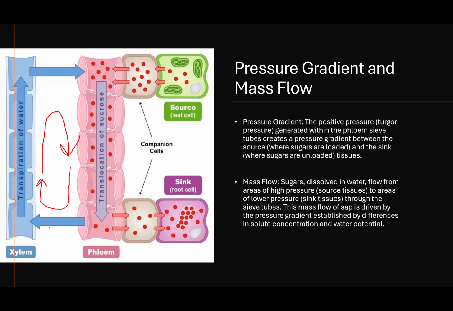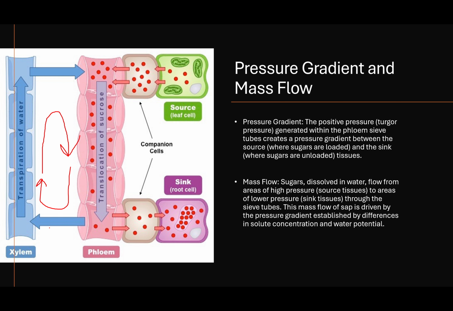We must understand it through the pressure flow hypothesis, which is the difference in water potential that causes turgor pressure, or the mass flow hypothesis, which is the difference in the concentration of the solute. We look at the pressure gradient as the water changes and produces turgor pressure at the source, and then the pressure reduces as we continue to the sink.